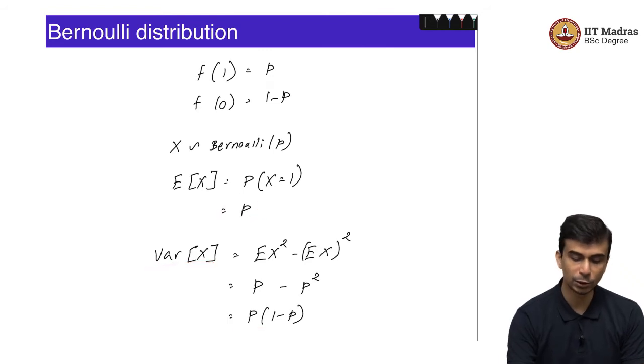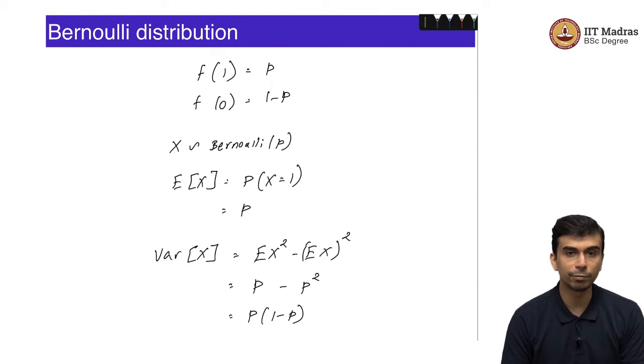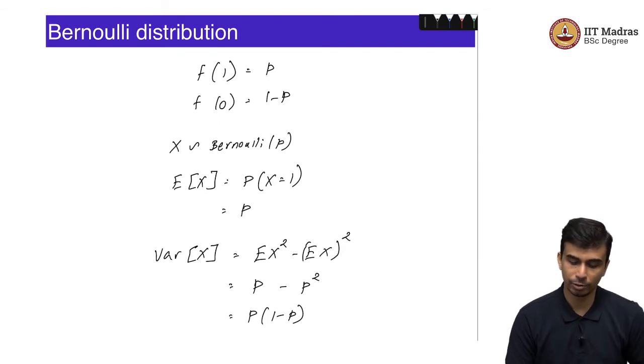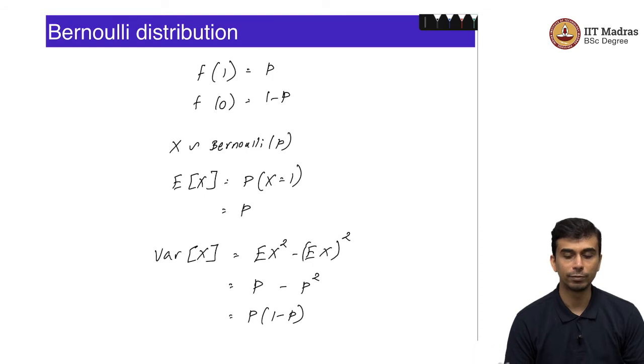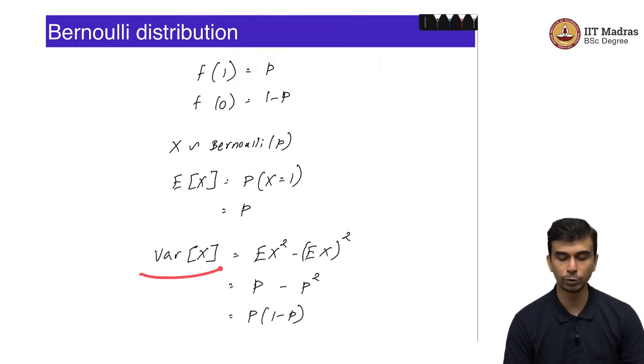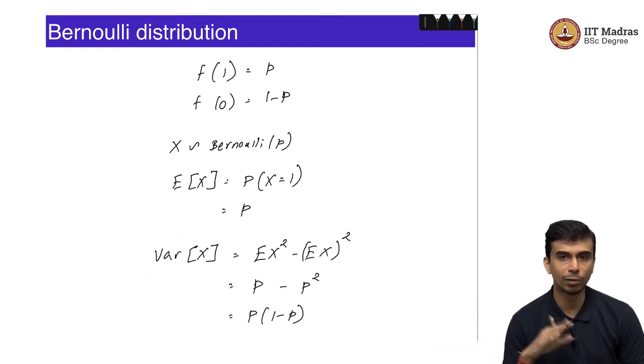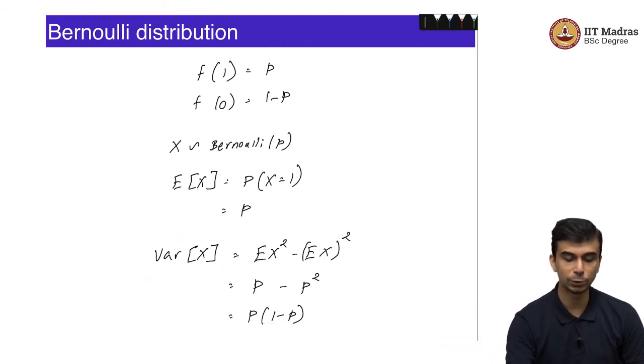So this is instructive to look at. The mean of x is simply p, but the variance of x is p into 1 minus p. Recall we had said variance is the measure of deviation of the random variable from its mean. So if p was either very small or very large, that is, very close to 0 or very close to 1, the random variable is going to take either always 1 or always 0, which means that your variance is going to be low.